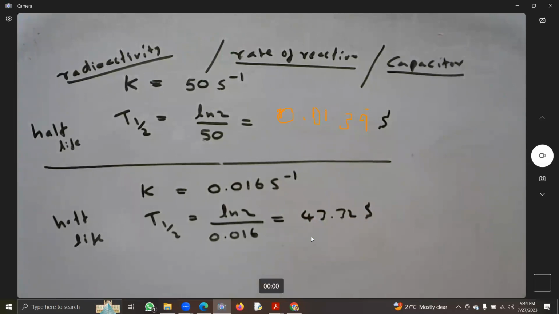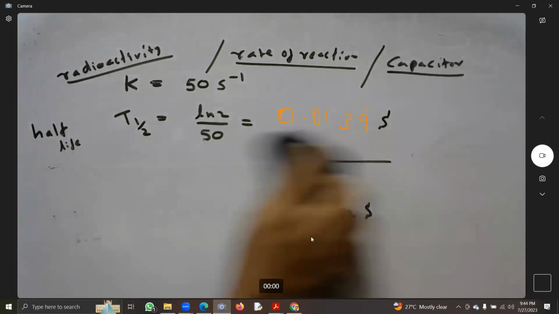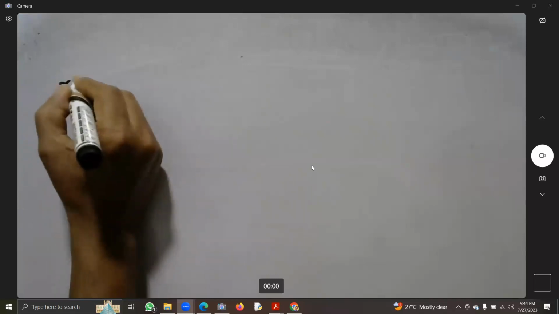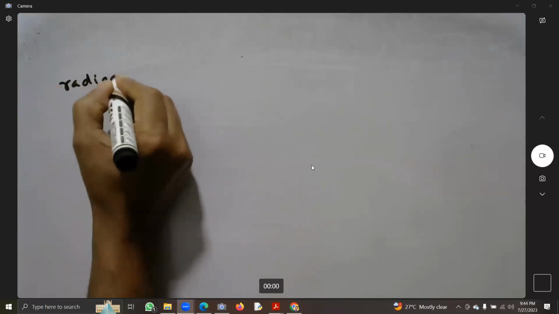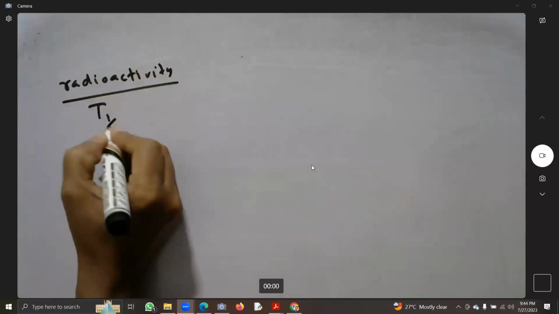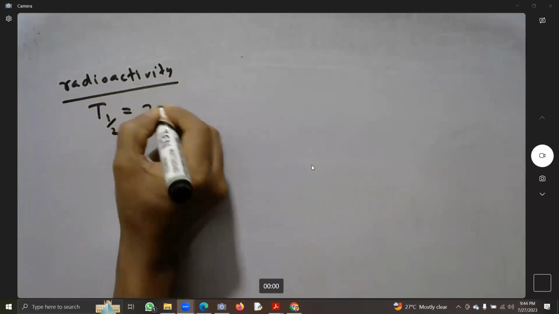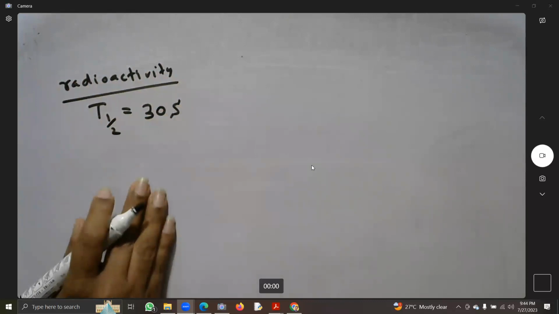Okay, now you know how to find half life. Suppose you found the half life. Now they say, in the radioactive chapter, the half life of a substance is 30 seconds.